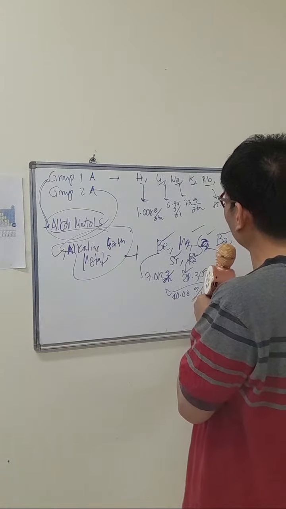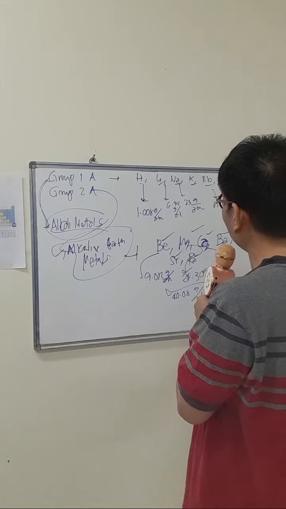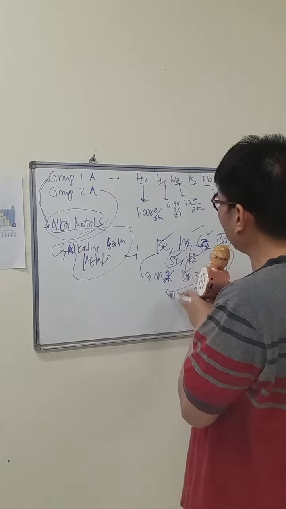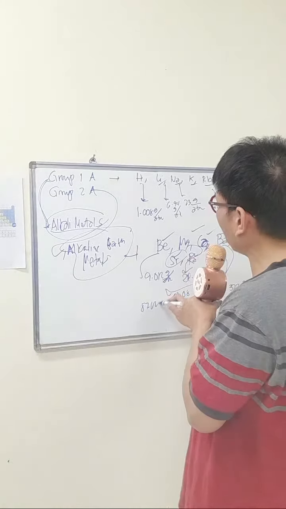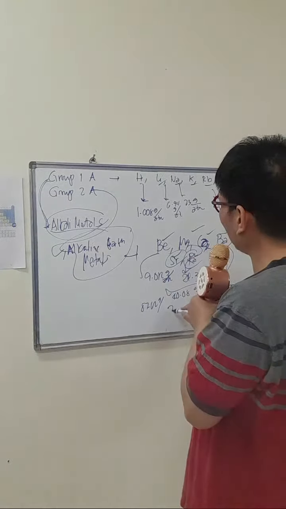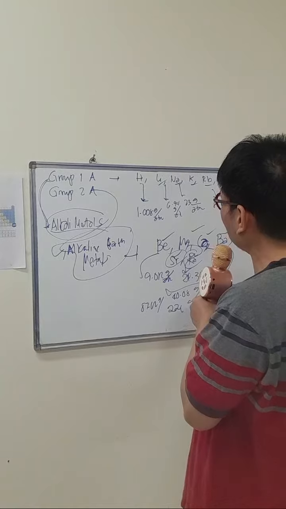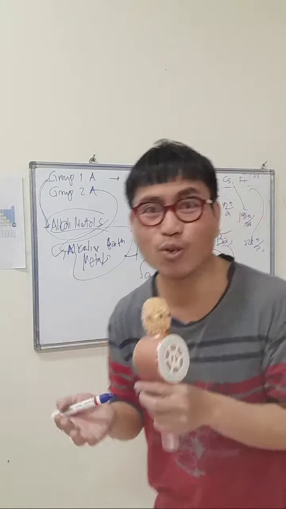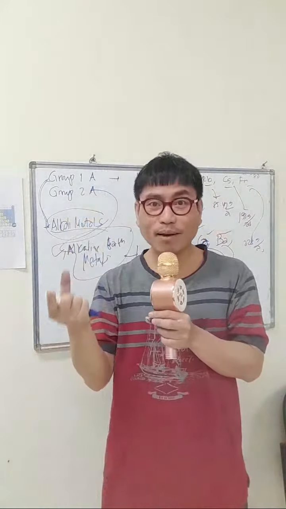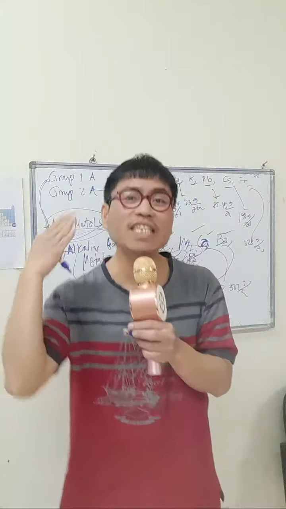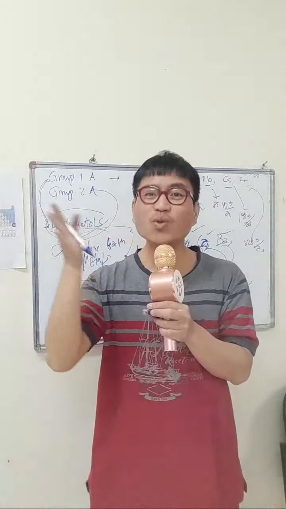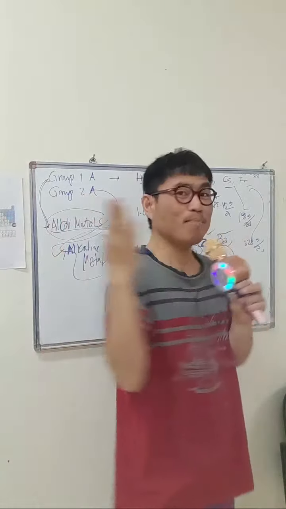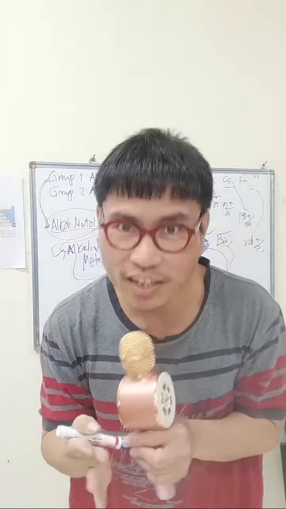Barium, 132.327 gram atom. Strontium, 87.62 gram atom. Radium, 226 gram atom. Perfect! You should memorize the atomic mass and atomic weight of each element in group 2A, alkaline earth metals. Any questions so far? Nothing.